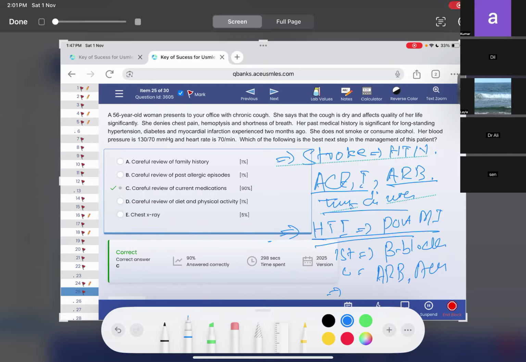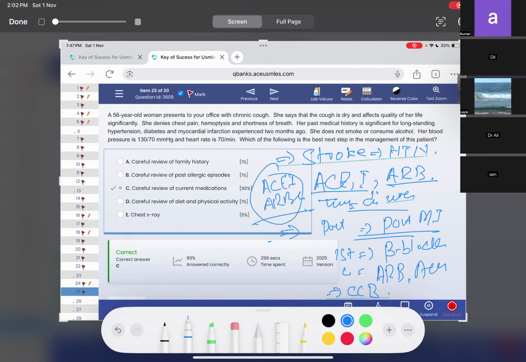The third one is calcium channel blocker. And for hypertension with CKD, as I have already told you, you can give ACE inhibitor or ARBs. These are the choice for diabetes and CKD as well.